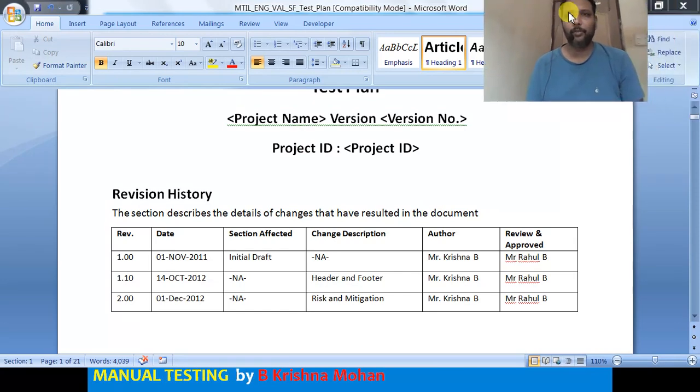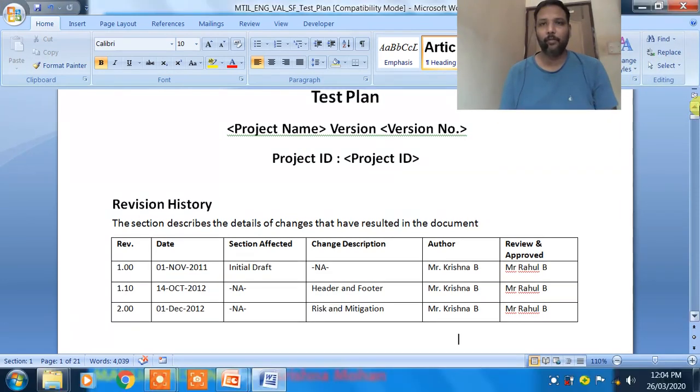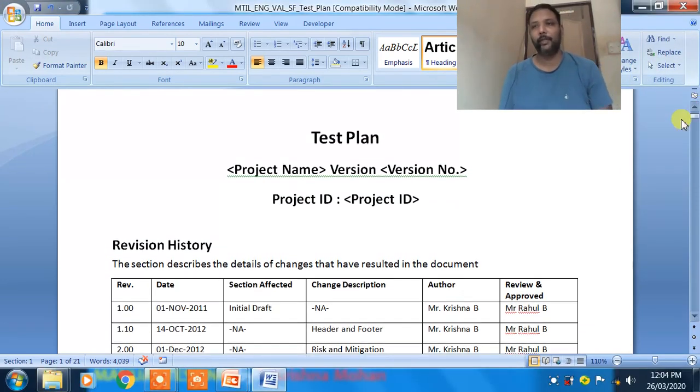So first, this is the document number that we have to consider. And we have the project name and the version name, that is actually the project version, and the project ID. Each and every project will have a separate ID.